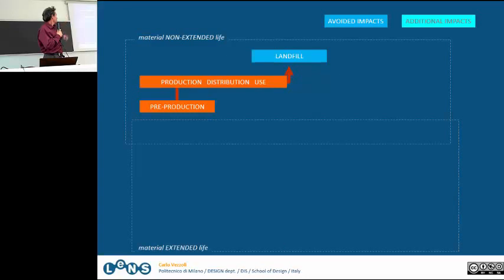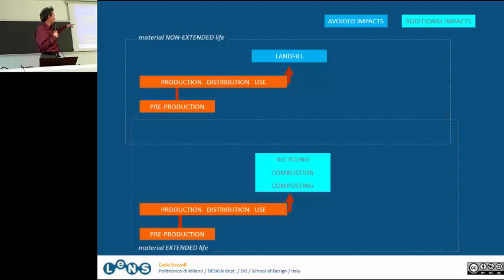It is a case in which we don't extend the life of the material. To extend the life means to give a new value to the material after the product has ended its lifetime. We design as long as possible, but then instead of landfilling, let's give an environmental value to this product. Otherwise it is going to landfill, which is an impact.